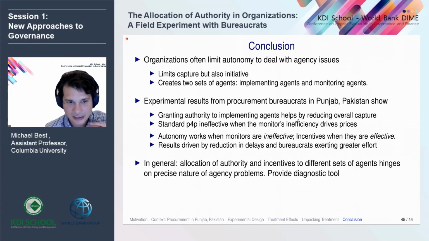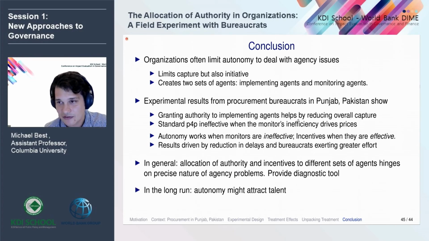And so in general, taking a step back from this particular context, we think we've learned something about how the choice of where to allocate authority and who to provide incentives to is going to depend on the precise nature of the agency problems. In particular, it's going to depend on whether you think the implementing officers or the monitoring officers are more or less aligned with what the principal wants to achieve. And our experiment gave us this diagnostic tool, which we can use to try and back out who's the more misaligned party.